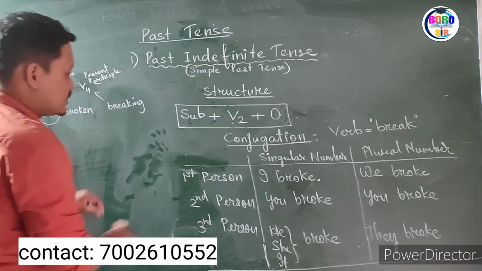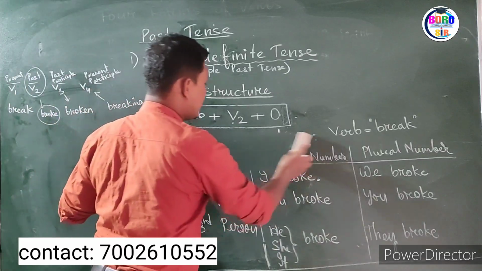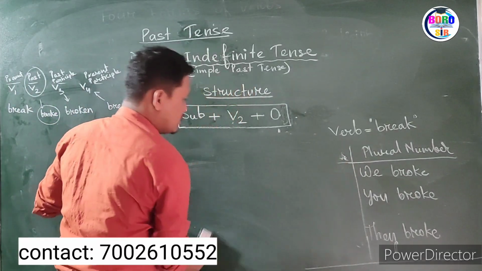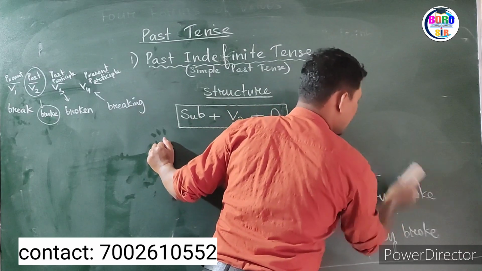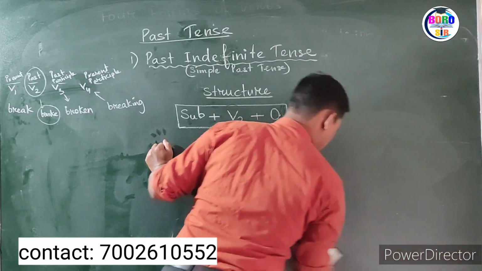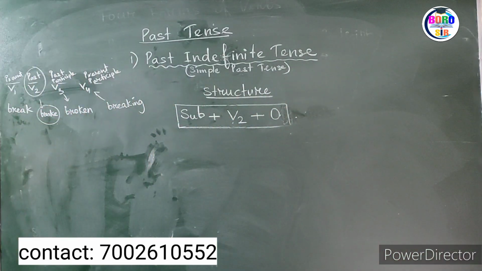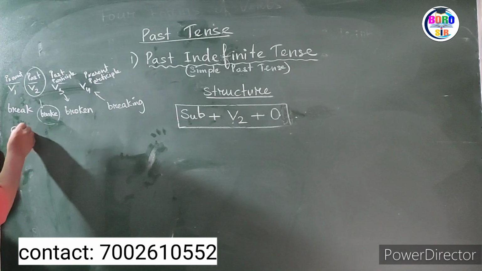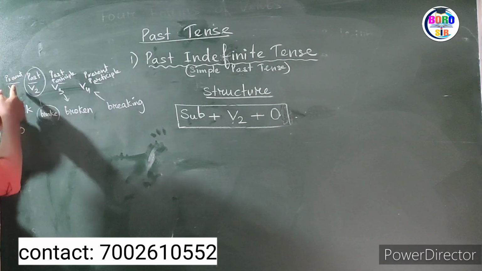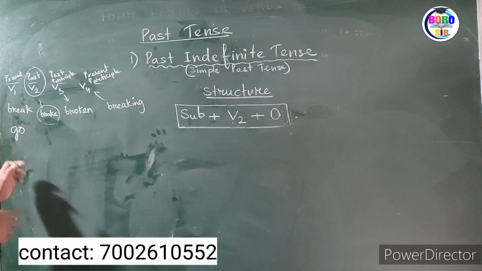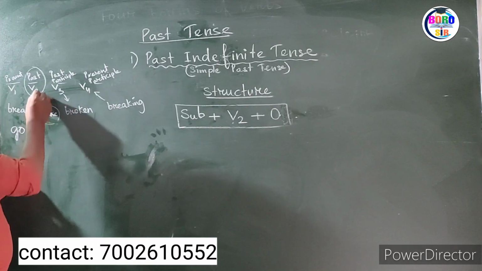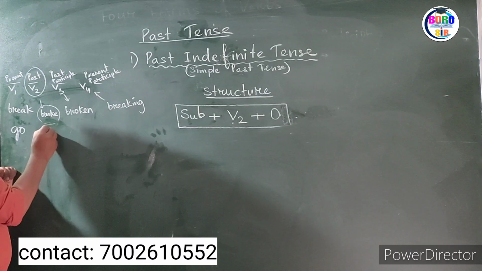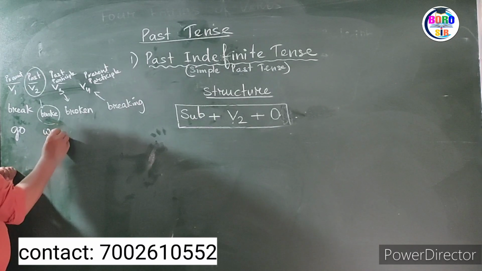Very good. Now we are going to write another conjugation for another verb. So let us take the verb go. The present form of the verb go is go. And the second form of the verb go will be went.